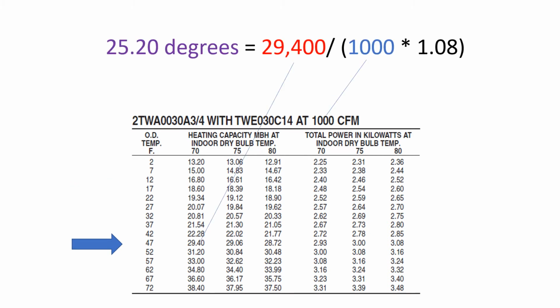Following our formula with the output of 29,400 and the CFM of 1,000, our high output would be delta T expected of 25.2, and our low output with 18,600 would have a delta T expected of 17.22 degrees.